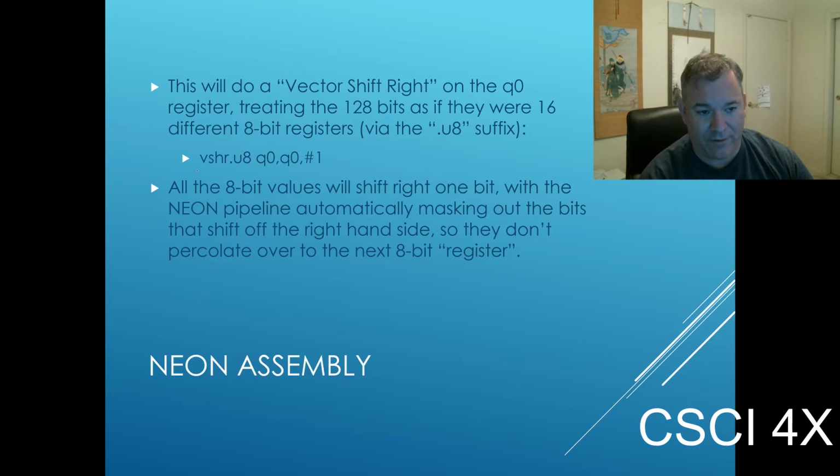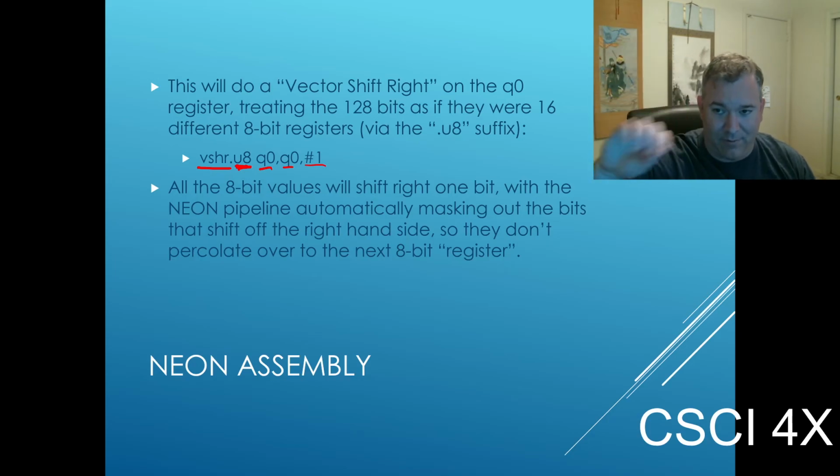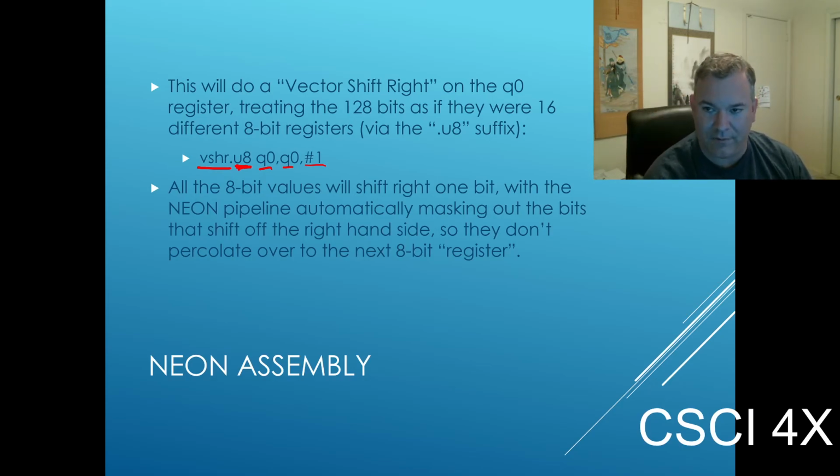Then we do this: vector shift right, treating it as if it was all unsigned 8-bit integers. So shift right, Q0, Q0, 1 bit. And so all 16 of those chars will get right shifted 1 bit, and all of them get divided by 2. And they don't fall off into the next channel. The rightmost bit just vanishes. They go away. Okay. Do you guys understand that?